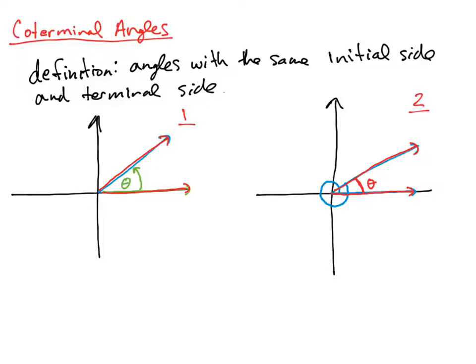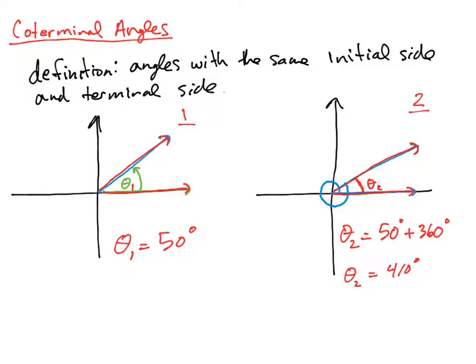I'm just going to clarify and call this theta 1, theta 2. Now let's suppose theta 1 is equal to, how about 50 degrees? To figure out what theta 2 is equal to, we take that 50 degrees and add 360 degrees. So theta 2 is equal to 410 degrees.